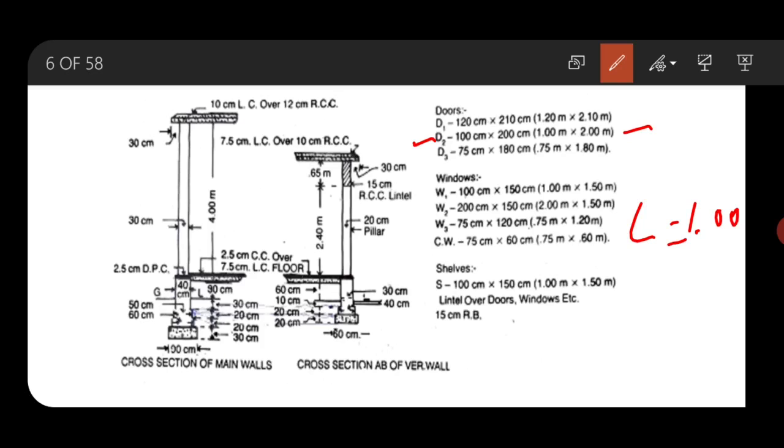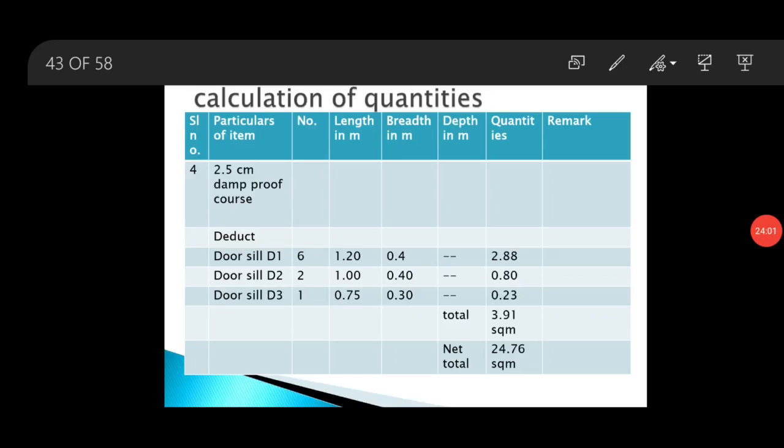For calculation purpose we need the length, that is 1 meter, and width will be 0.4, that is the width of the plinth wall. So here door sill D2, this is not 2, this is 3. 3 numbers of D2 type of door are there. So length is 1, width is 0.4. Then by multiplying all these 3, we will get the quantity as 0.8 square meter.